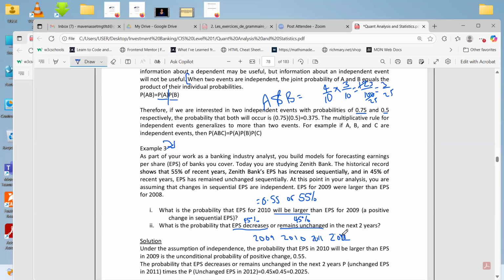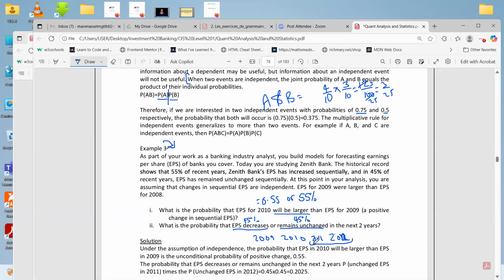Oh, this is 12, please note this. So we want to see the probability that EPS decreases or remains unchanged in the next 2 years. Are you with me? We want to look at 2 years at a go.